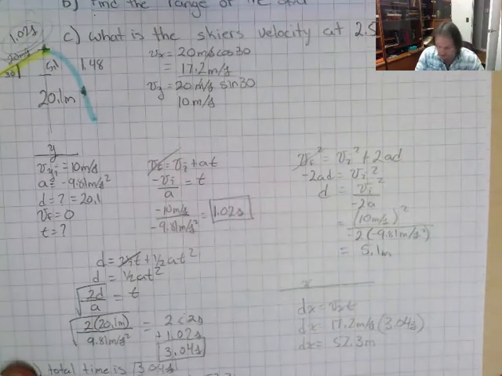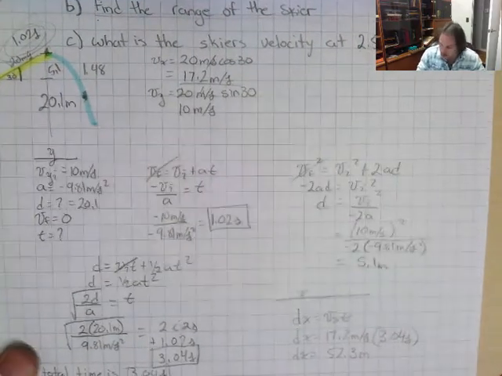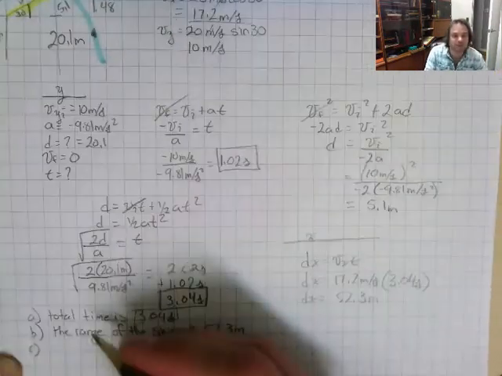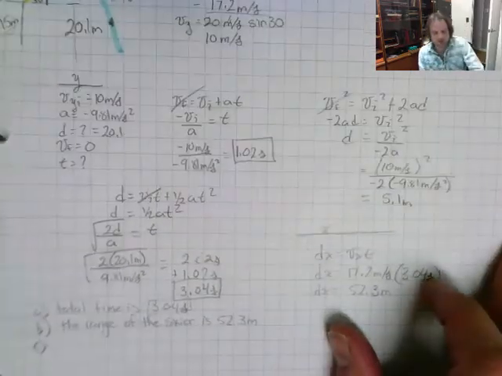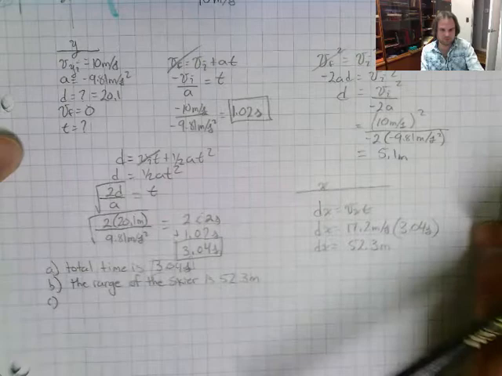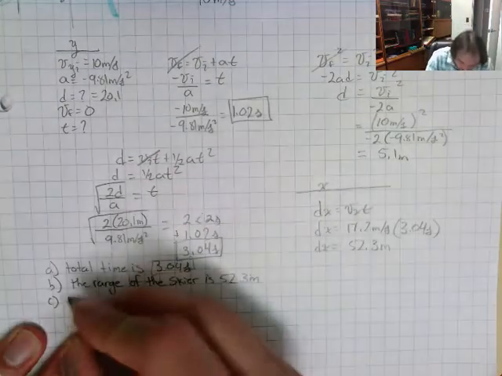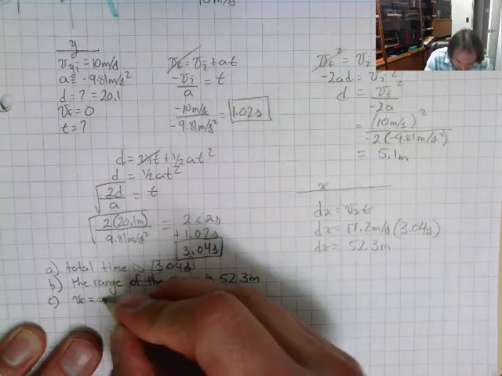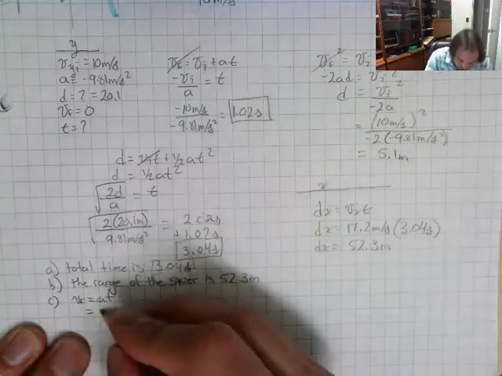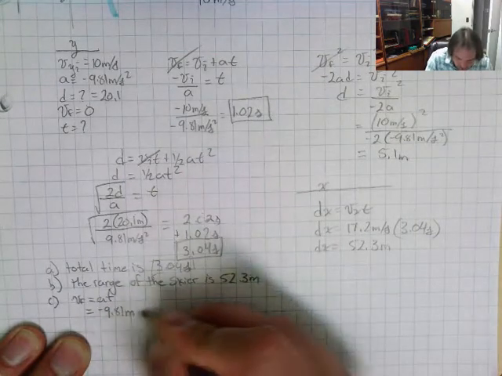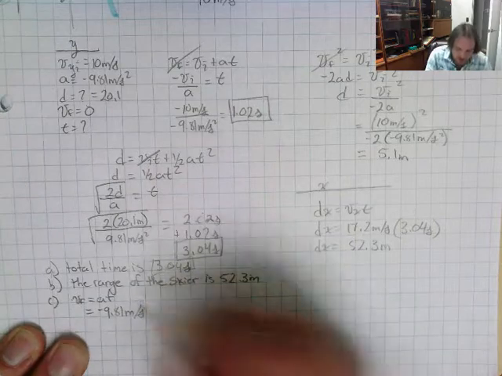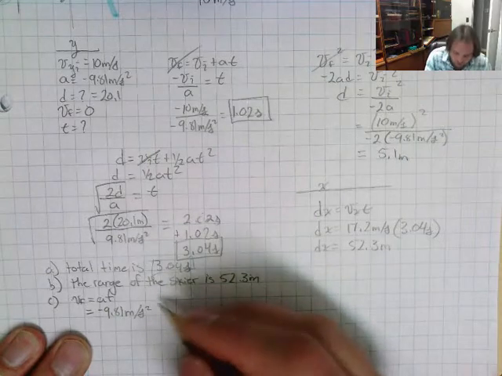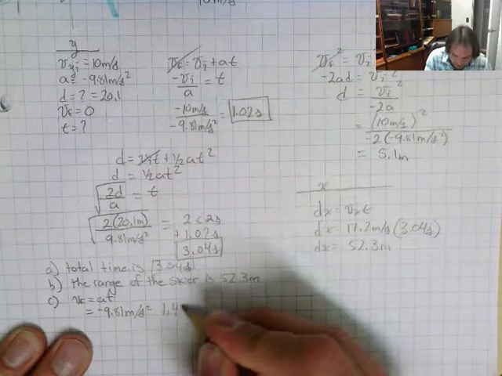We're going to do the same thing here, except now we know the time. So once again, we're starting to do C here. I know that Vf is equal to at, acceleration times time. Now my acceleration is negative 9.81 meters per second squared, and we want to multiply that by my time, which in this case we said is 1.48.